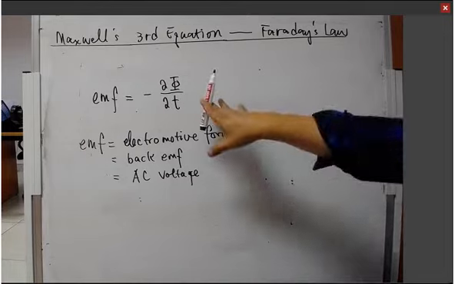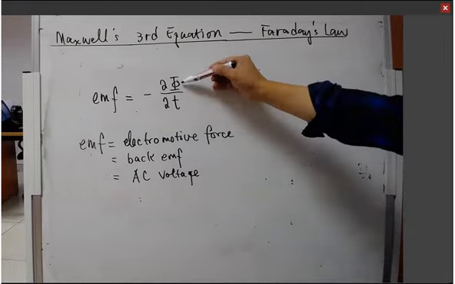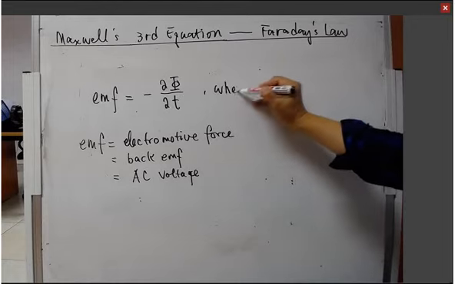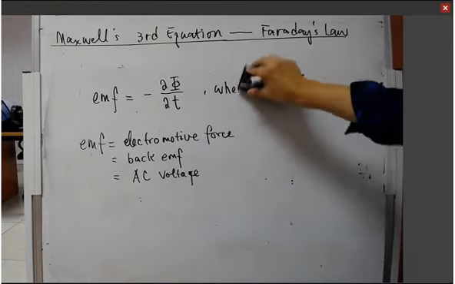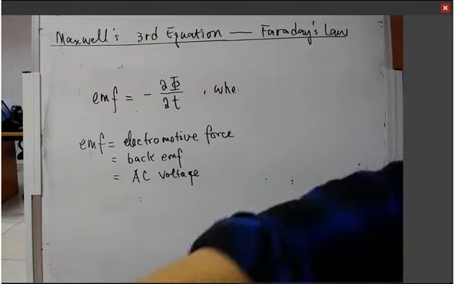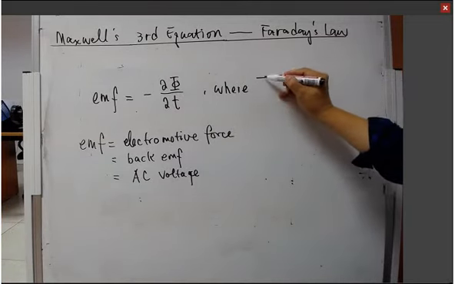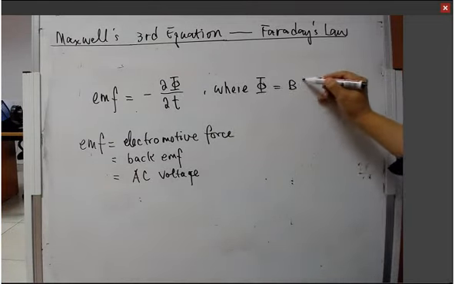On the right side of the equation, we have magnetic flux, and the flux is given by BA.